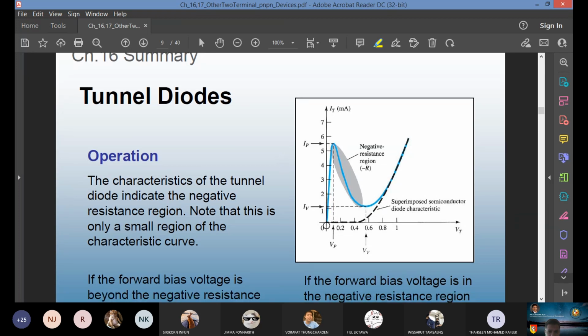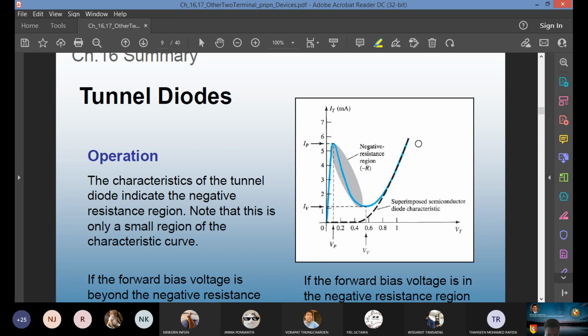As you can see, from 0 until a certain amount of voltage, you have a very steep curve rising. Looks like linear because it starts from 0, y equals mx, although the slope is very high. And then after a certain amount of voltage, the tunnel diode will enter the negative resistance region. So the current drops off. And then after a certain amount of forward voltage again, it will start conducting like a regular diode.